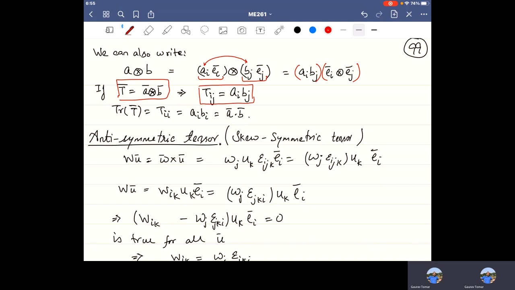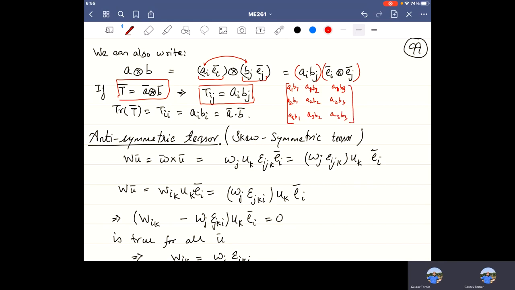So if you put T as that, A tensor B, a second order tensor, then you can write Tij as Ai Bj. Now this is going to be a second order tensor which has rank 1, okay, which would have terms like A1 B1, A1 B2, A1 B3, then A2 B1, A2 B2, A2 B3, and then A3 B1, A3 B2, and A3 B3.